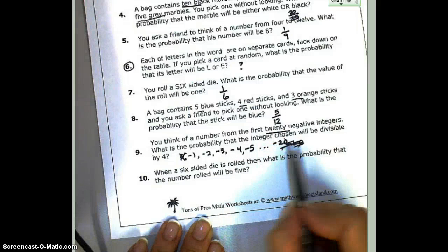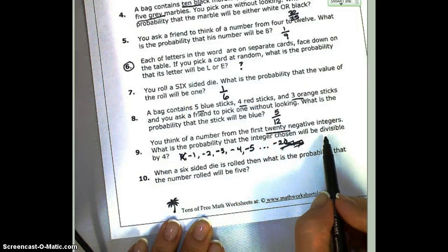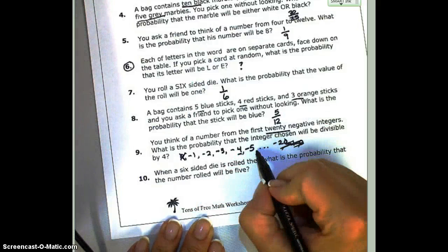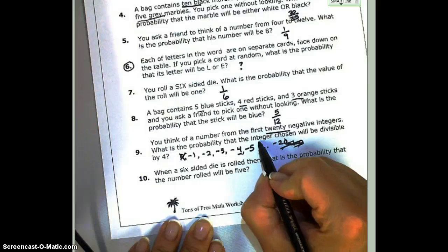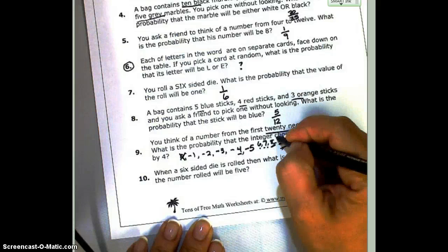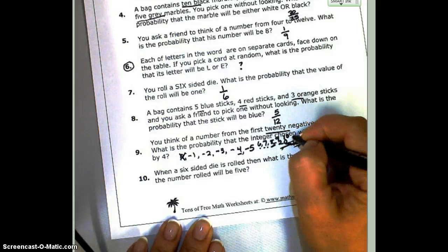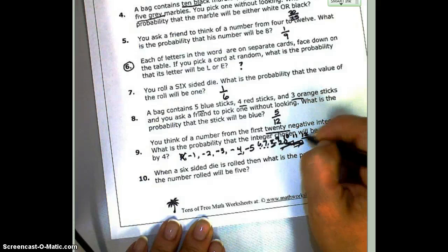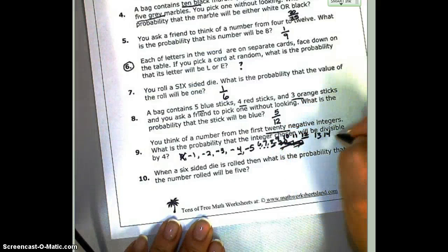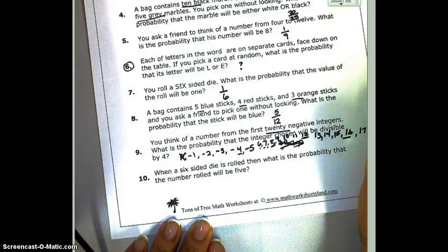What is the probability that the integer chosen will be divisible by 4? Let's see what our options are. This one's divisible by 4. -6, no. -7, no. -8, yes, there's one. -9, nope. -10, nope. -11, no. -12, there's one. -13, no. -14, no. -15, no. -16, yep, there's another one. -17, no. -18, no. -19, no. And then we've got -20.